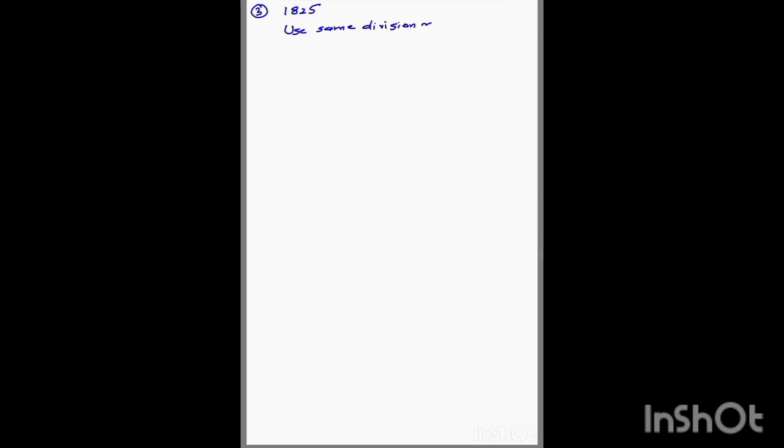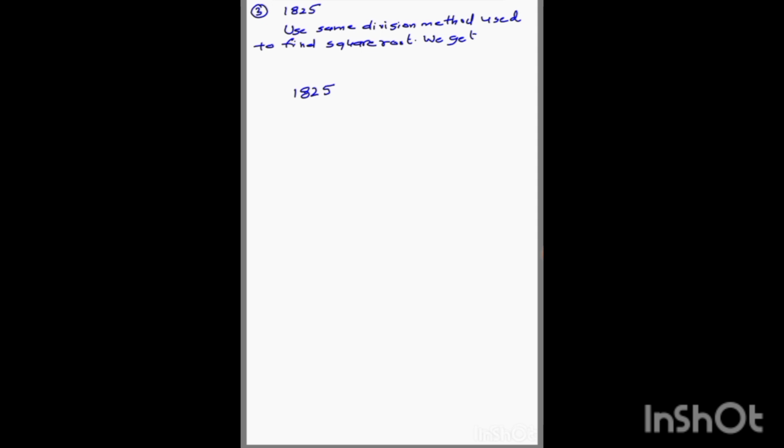Then we have to follow the same division method as we use to find the square root of any number. So we are following the same method and trying to find what is to be subtracted from 1825 to get a perfect square.